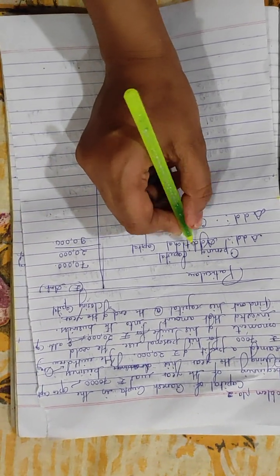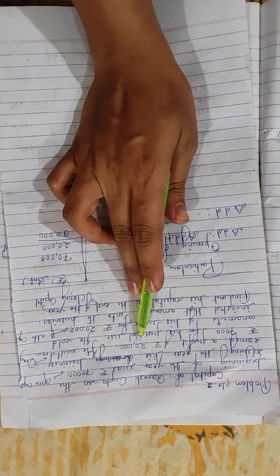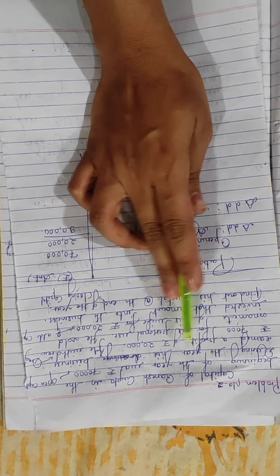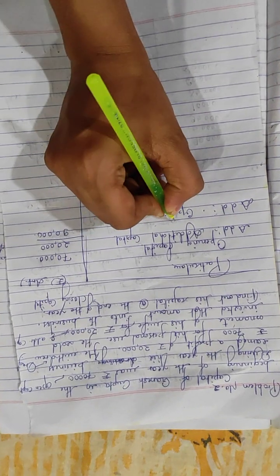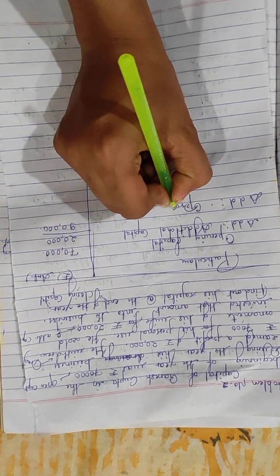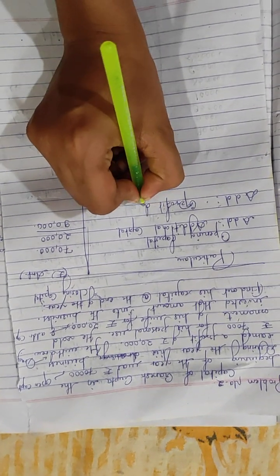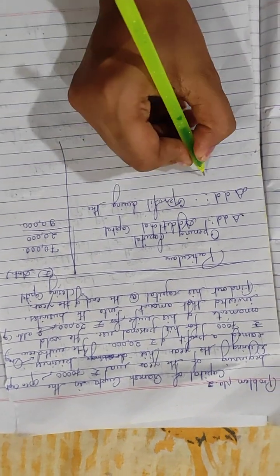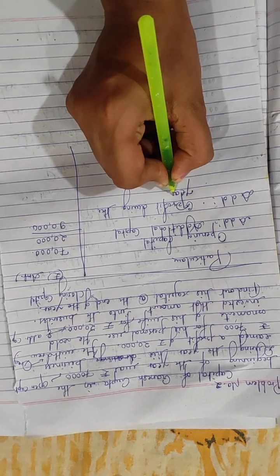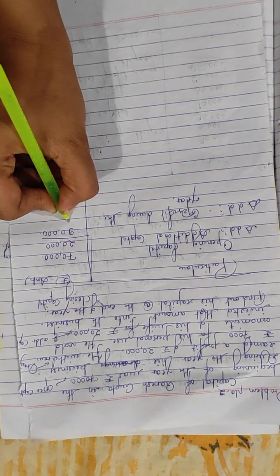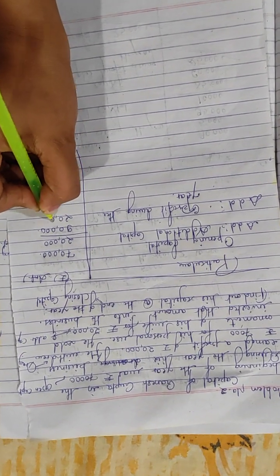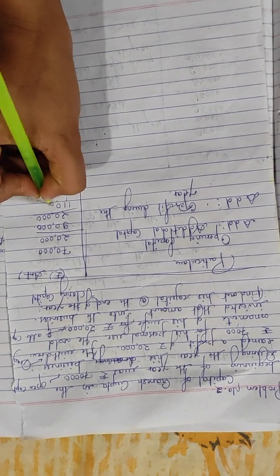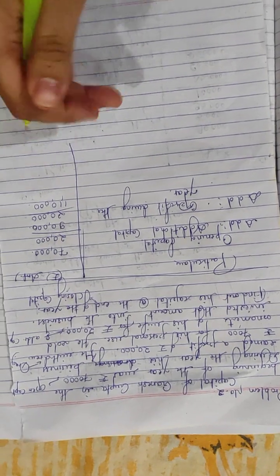So add here what they have given, profit of rupees 20,000. During the year, the profit is how much? 20,000. 90,000 plus 20,000 is 1 lakh 10,000, right?